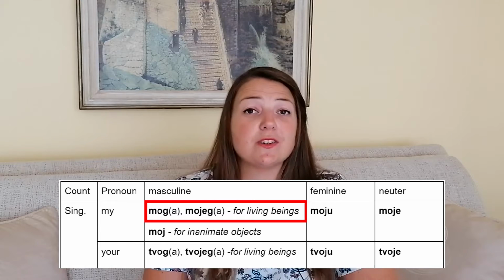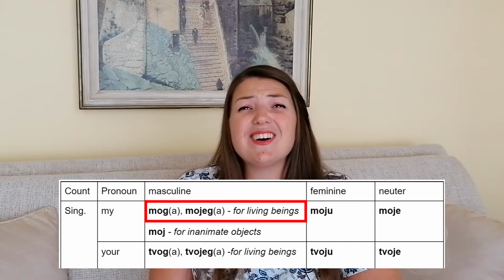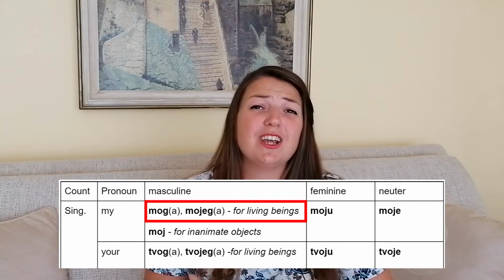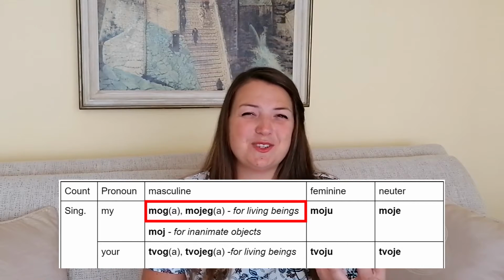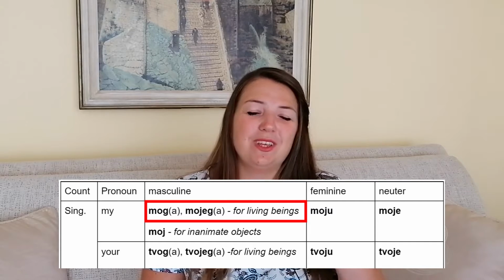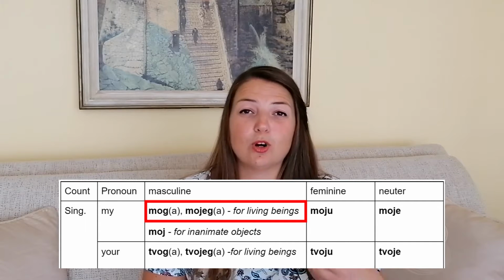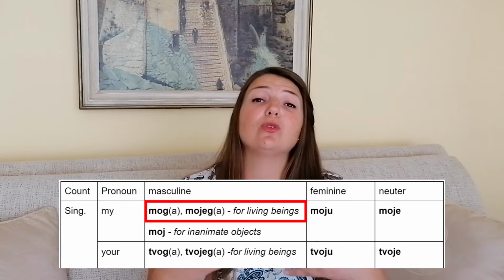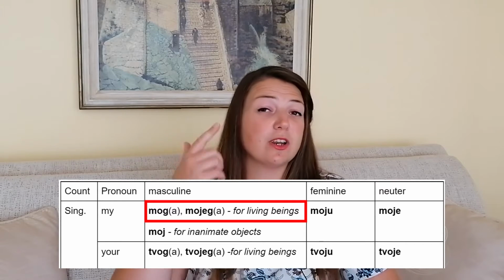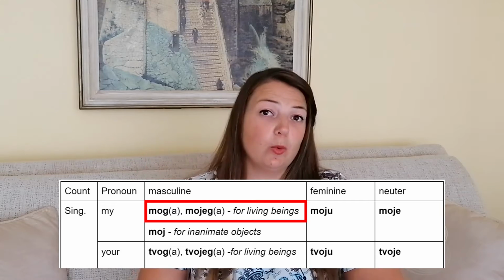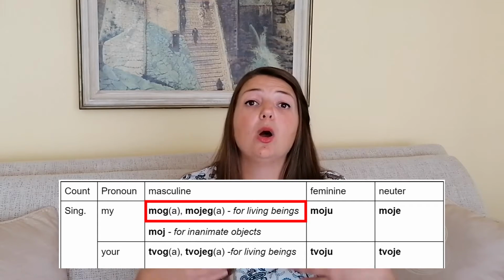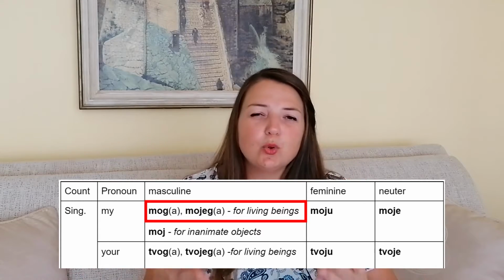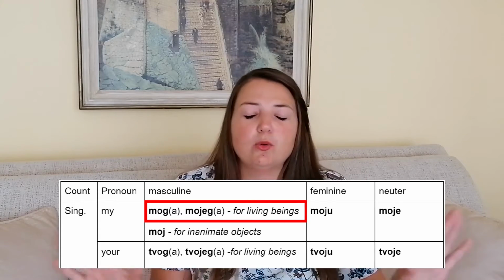Or there is another form that is not used as much, actually. Maybe you'll encounter it in literature, but people in everyday speech don't really use it. It's the form mojeg or mojega. Again, I have put it in here so you will recognize it once you encounter it or once you hear it, so you will know what it means. So mog or mojeg, moga or mojega is all the same, okay? But you can use just mog and you would be correct.